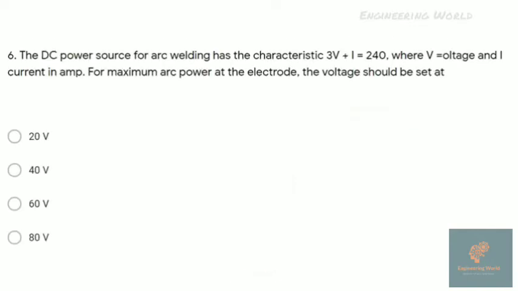Then the next question is, the DC power source of arc welding has the characteristic 3V plus I equal to 240, where V is the voltage and I is the current in amperes. For maximum arc power at the electrode, the voltage should be set at. Just use the maximum and minimum concept, given 3V plus I is equal to 240. So I is equal to 240 minus 3V.